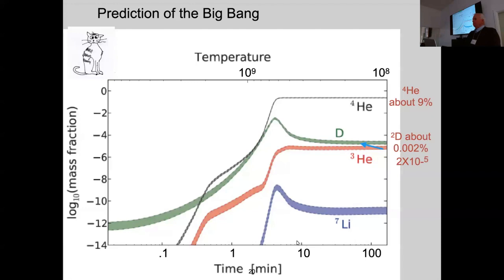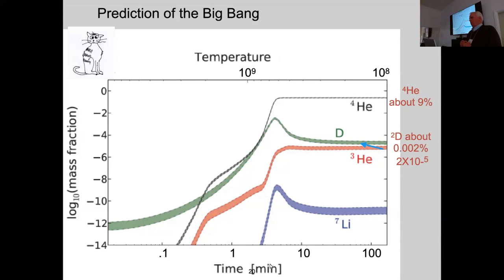Are you saying that if this all happens in the first 3 minutes, all the helium that gets made? So a little bit of helium is made in stars as well, but not as much. Most of the helium in the universe, the big majority of it, is made in the first 3 minutes. 3 minutes is a very long time in terms of nuclear processes, right?